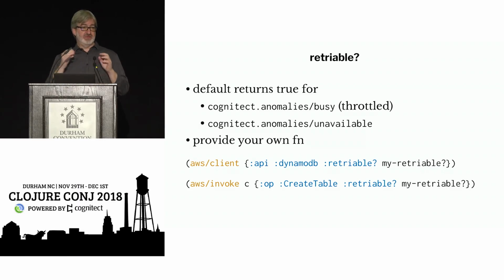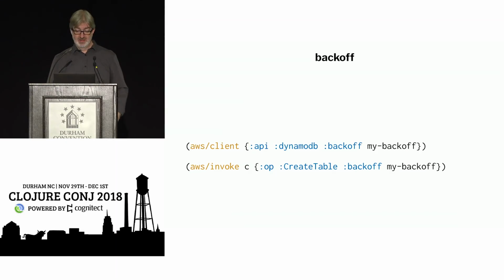So if either of these things are true, then we're going to say, yes, this is a retryable request, and if not, we're just going to hand you back the response. If you want to override that, you can hand your own retryable predicate to the client when you're building the client, or you could do it on a case-by-case basis on an invoke. You're probably never going to need this, but it's there if you do.